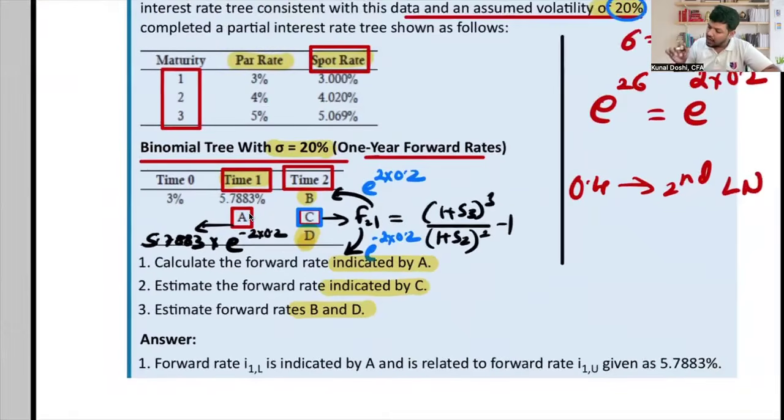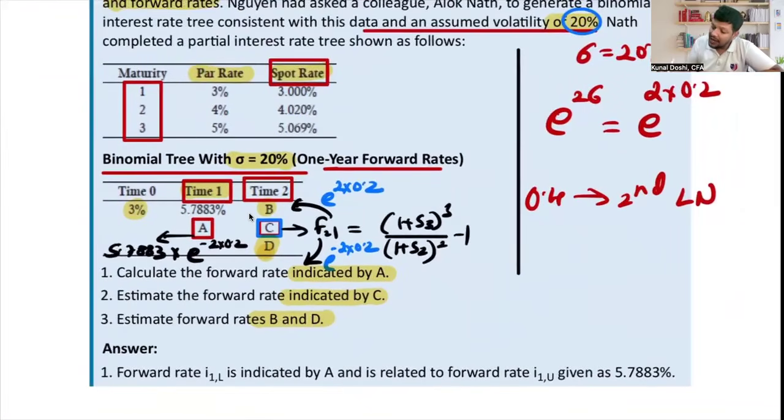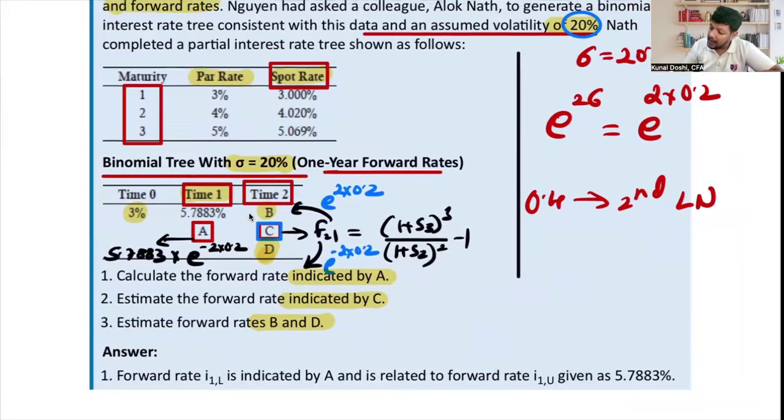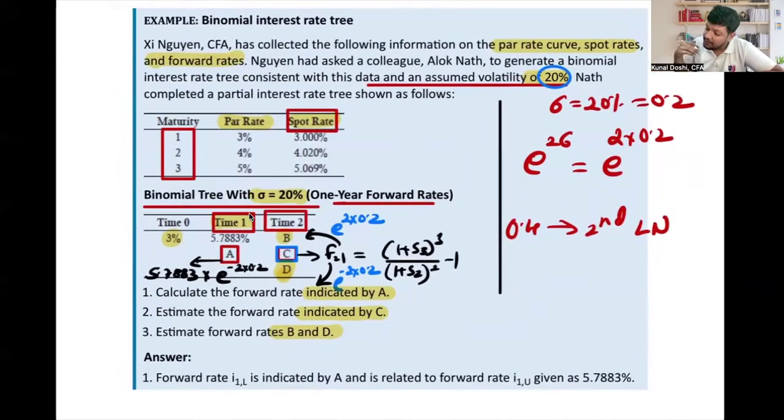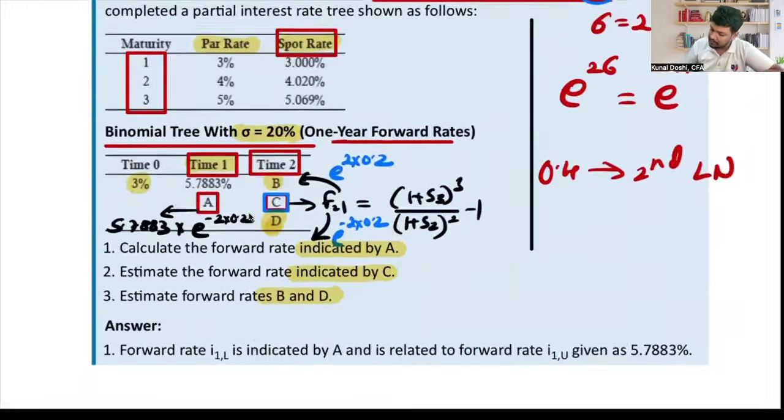Clear? Now, once I get this, I have the spot rate, correct? I have the 1-year rates now, the 1-year forward rates. These are my forward rates, correct? Between the two time periods, I can get the rates. But how do I find the time 2 rates? To find the time 2 rate in the middle, you need to use the spot-forward concept.